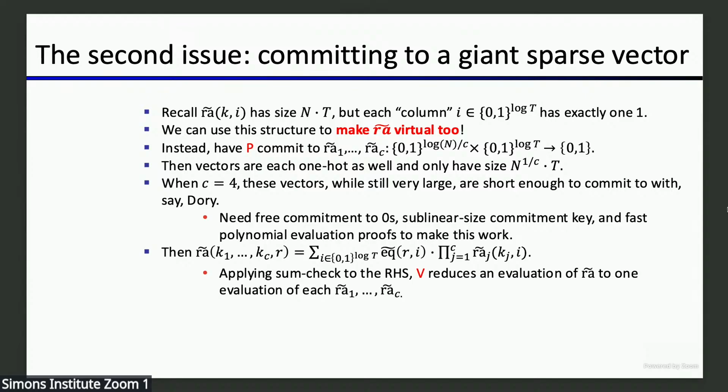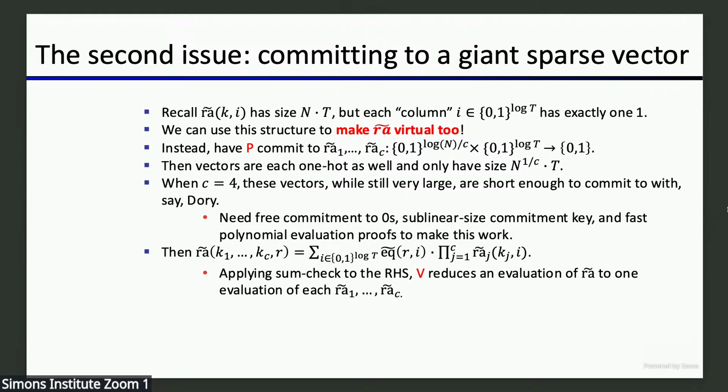And here we leverage multiplicative structure in anything one-hot. Rather than the prover committing to t things that are each of size n, the prover commits to t things that are each of size n to the 1 over c. Feels like we're doing the same thing over and over again, but now every entry of the one-hot thing is just the product of entries in the smaller things.